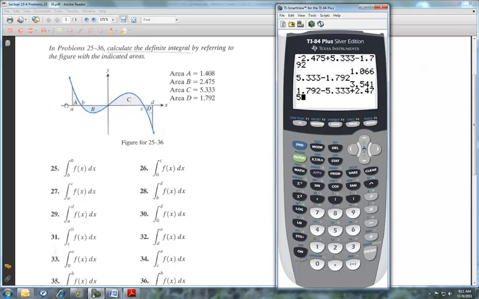And then from B to A, it was positive, but because I'm going from right to left, it's now negative 0.408. So my area for number 32 is negative 2.474.